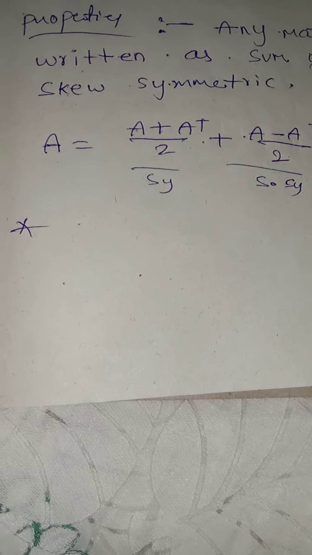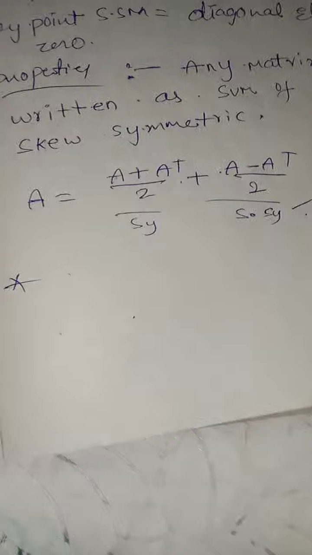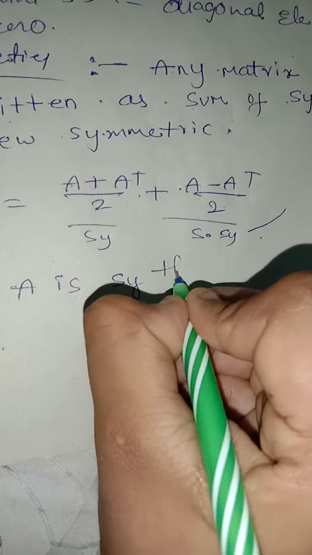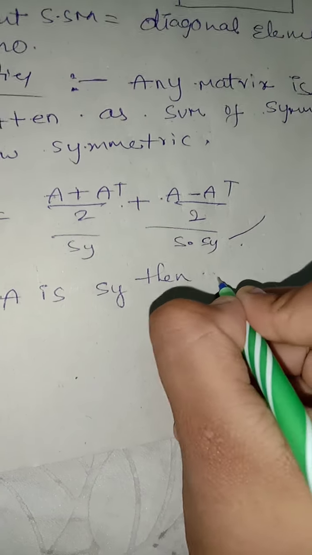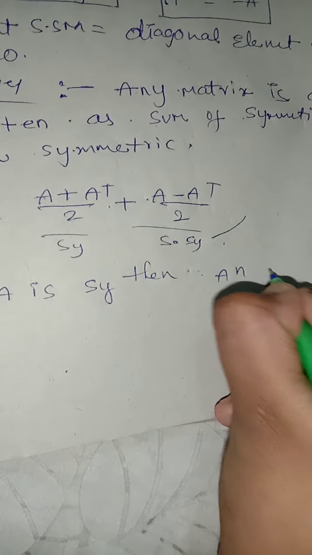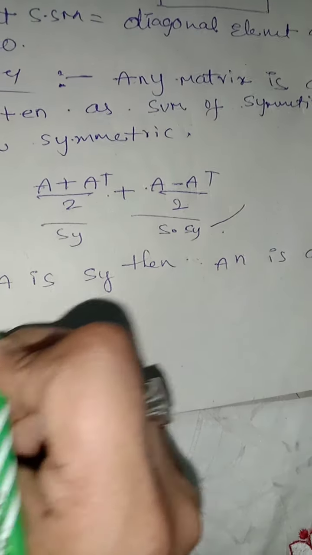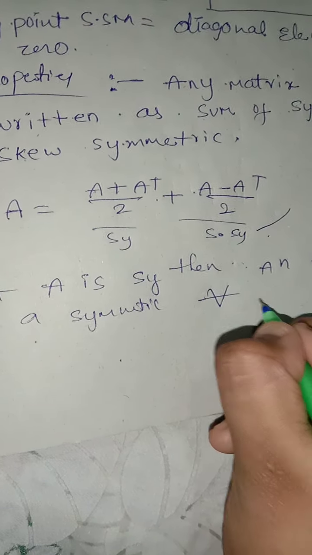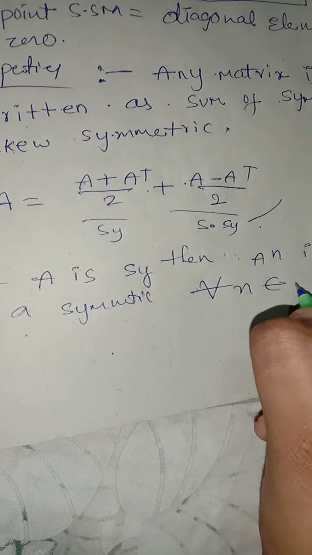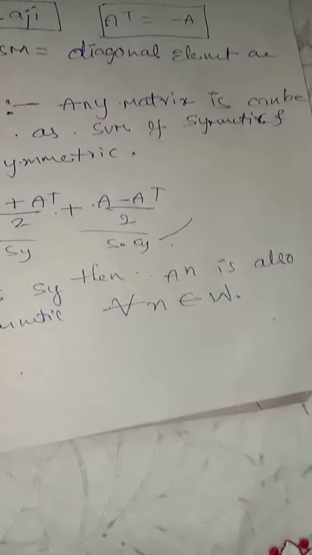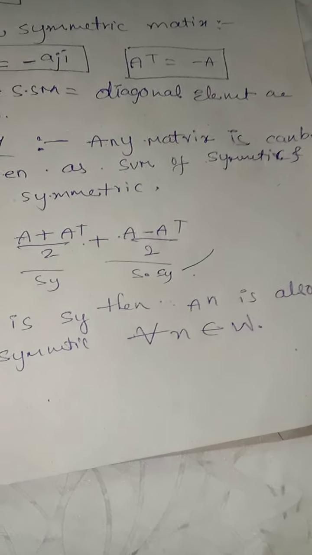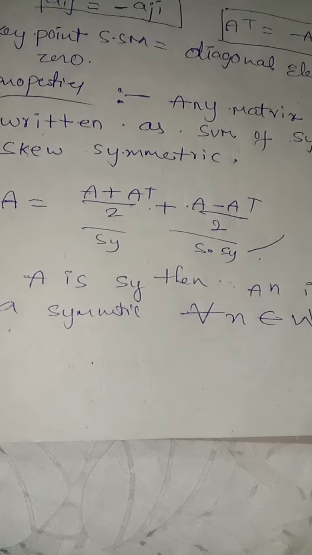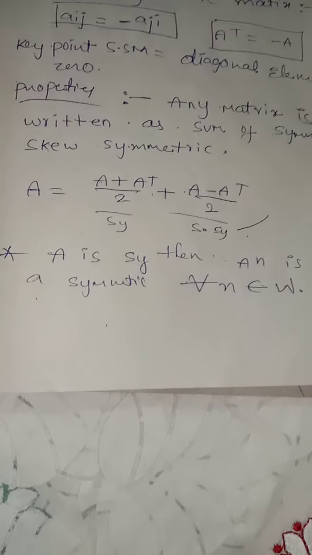That is the whole numbers. If you multiply a symmetric matrix any number of times, then the result will also be a symmetric matrix.